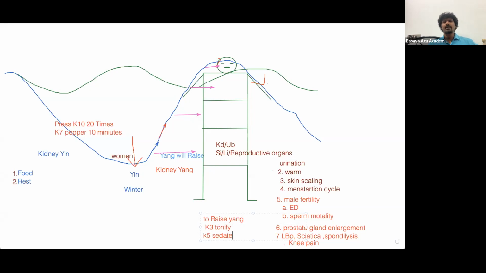To raise kidney yang, you can tonify K3 or sedate K5. To raise yin energy, press K10 20 times, or apply K7 pepper for 10 minutes. We are using 2 points to raise yin and 2 points to raise yang. Even though kidney has 27 points, you can just play with these 4 points. You can see the changes.